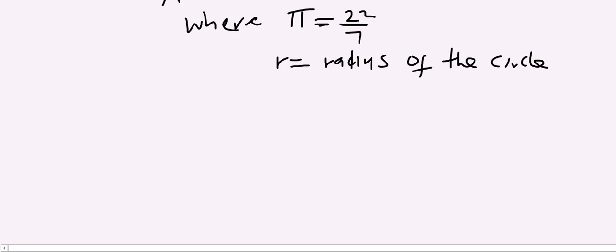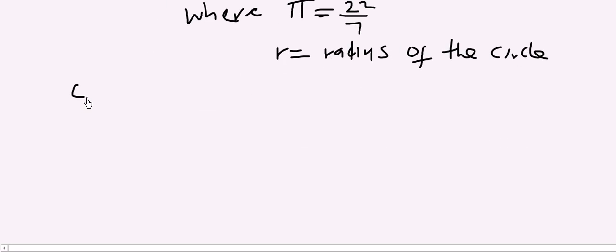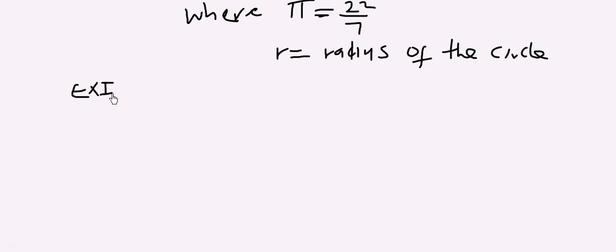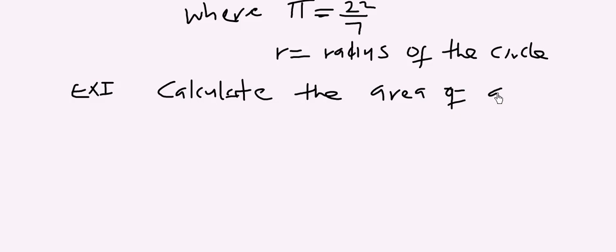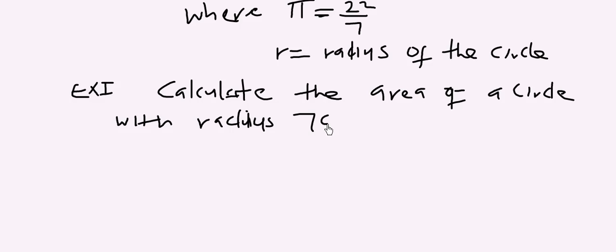So if we are asked to take a sample example, say example 1, to calculate the area of a circle with radius 7 cm, we simply have that area is equal to pi r square.